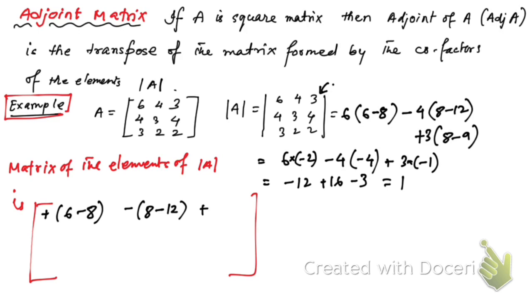Then again positive. So now the cofactor of this: take 4 times 2 is 8, then 3 times 3 is 9, 8 minus 9.